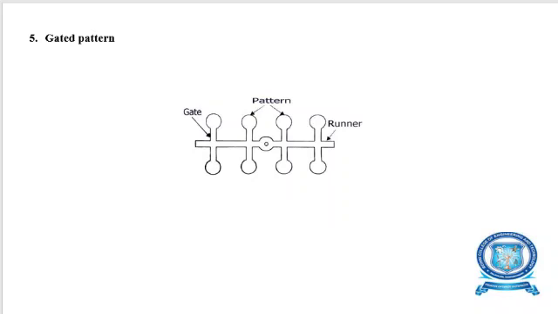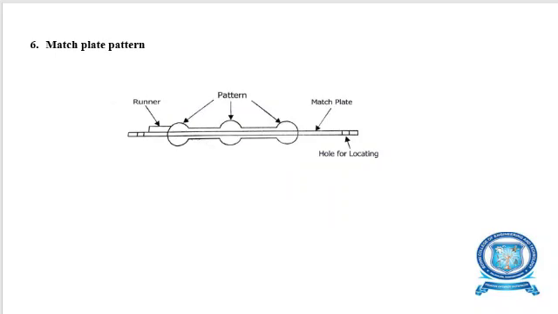And gated pattern is a standard gate having individual gates attached to individual single patterns. In the gated pattern, only small size patterns will be arranged. And match plate pattern, this is also another split pattern type.